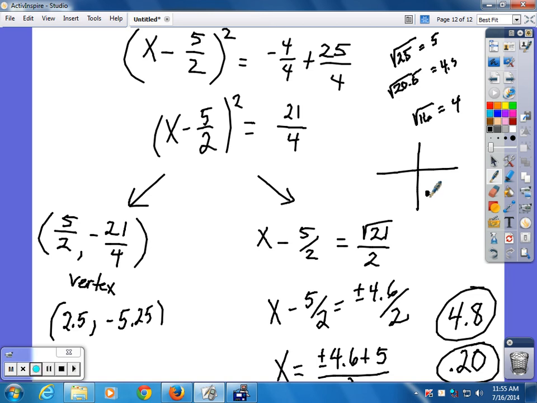And what's the y-intercept? 0, 1. Positive 1? Yes. And the x-intercepts are 0.2 right here and 4.8. Something like that.